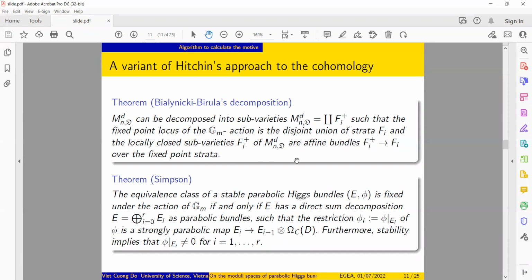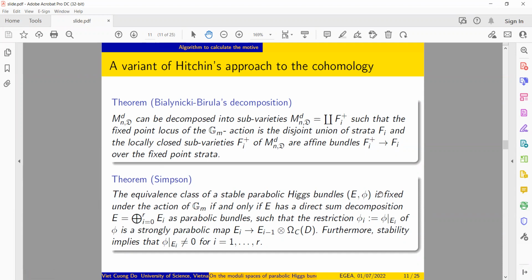In our case we have a theorem of Simpson. He says that if we have a fixed point, we can explain it as some decomposition of parabolic Higgs bundles, with some morphisms between the parabolic bundles in the direct sum.